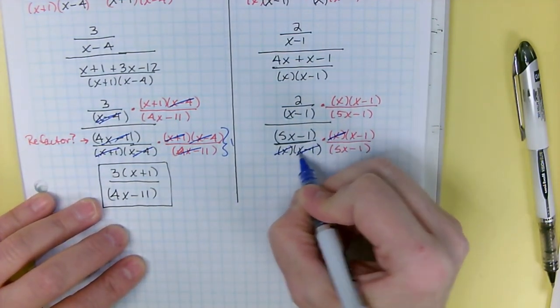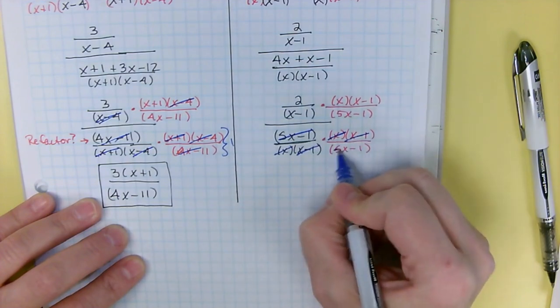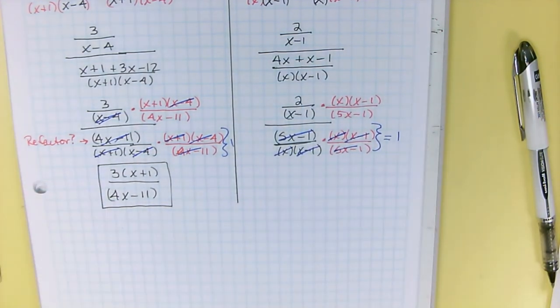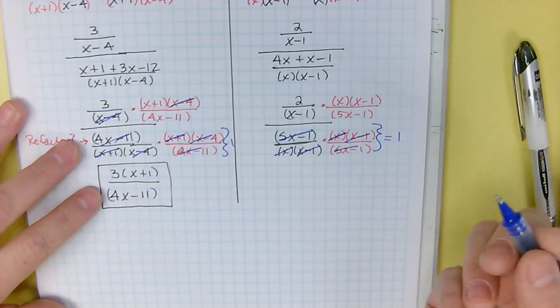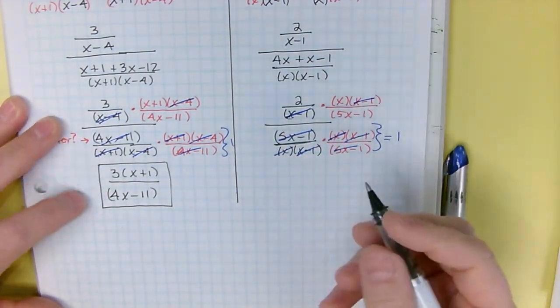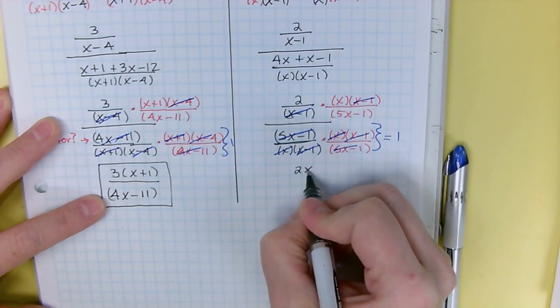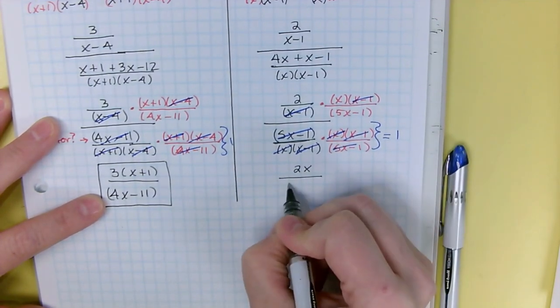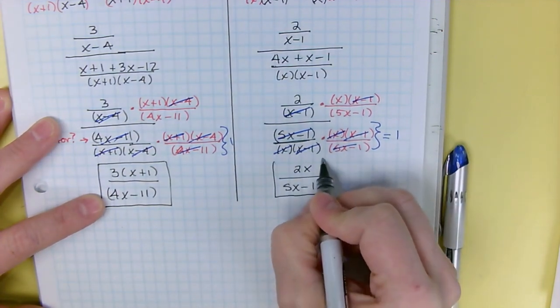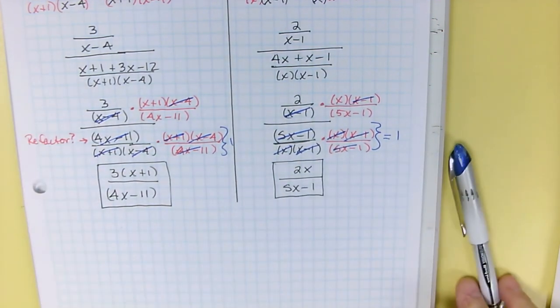So the x's cancel, the x minus 1's cancel, and the 5x minus 1's cancel. So the whole bottom equals 1. So all we have left now is the top. And looking at the top, I have an x minus 1 factor on the top and the bottom. So I'm going to eliminate those. And that leaves me with 2x over 5x minus 1. And that is our answer.